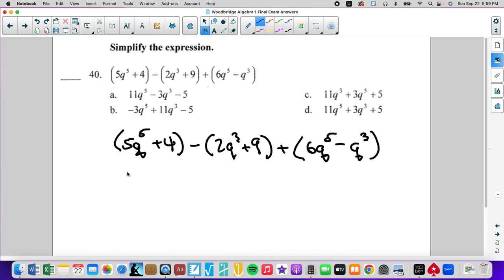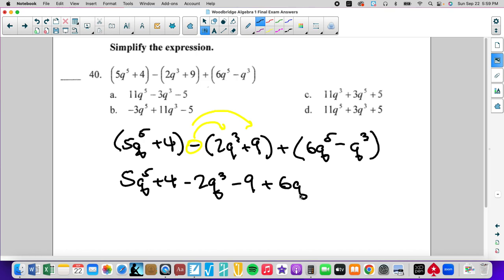So this just comes right out. Here we have to distribute the negative into both of those values because we want to do the opposite of it. So minus 2q to the 3rd minus 9. This positive is not going to change anything inside, so we can just pop that out.